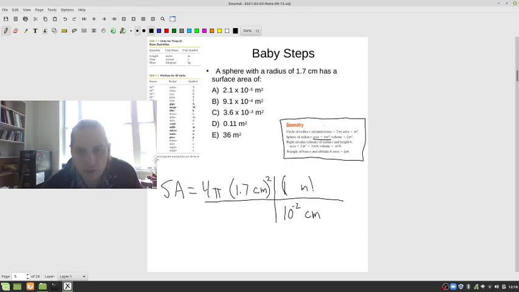So 1 meter squared goes with 10 to the minus 2 centimeters squared. So this would be 4 times pi times 1.7 times 1.7 divided by 0.01 divided by 0.01. Okay?